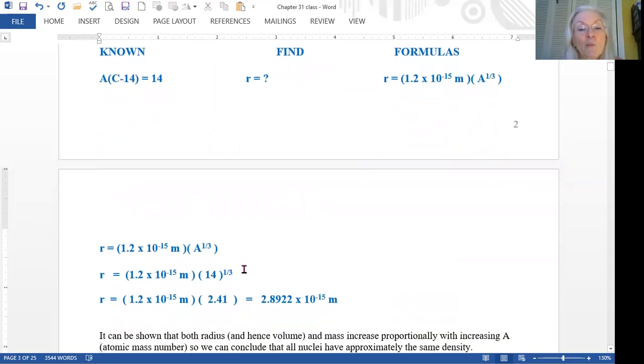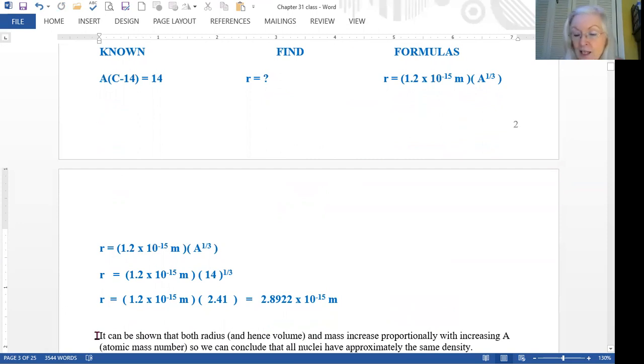The cube root of 14, so 14 raised to the 0.33333 power is 2.41. So 2.41 multiplied by 1.2 times 10 to the minus 15 gives us a number of 2.8922 times 10 to the minus 15 meters.